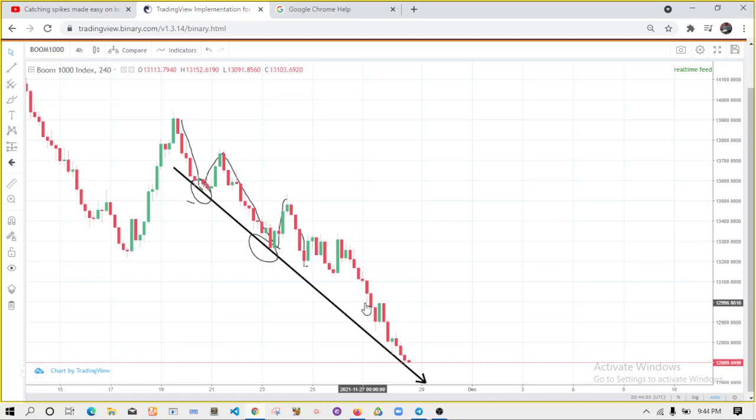You can sell Boom if you like selling Boom, that is scalping. But looking at this clear downtrend, if you are catching spikes here, you are going to be wasting a lot of time and money because you won't be seeing the spike coming. So this is what is known as a downtrend, when the price is going down.